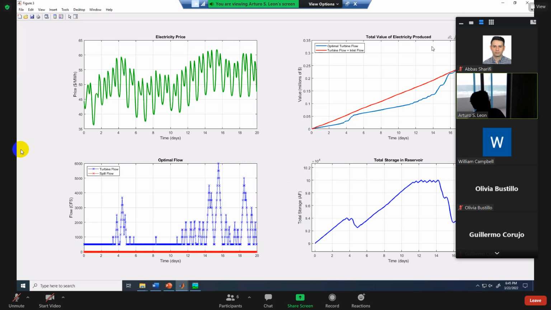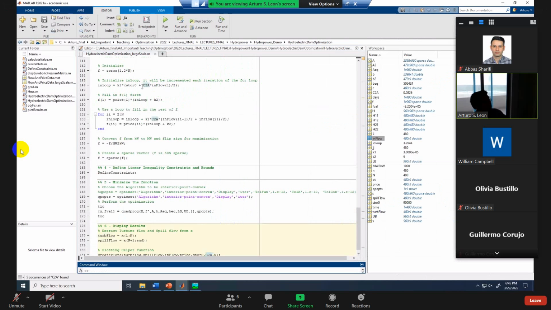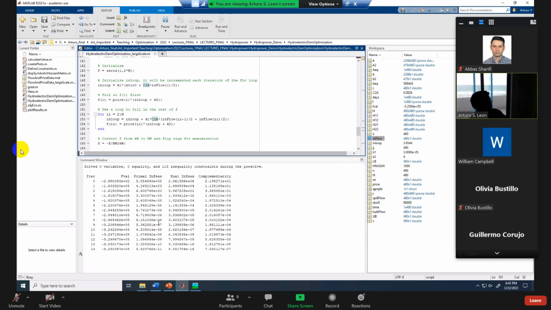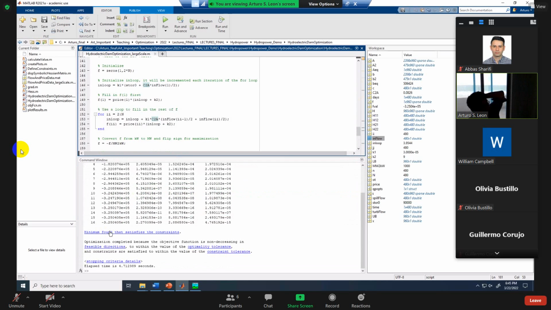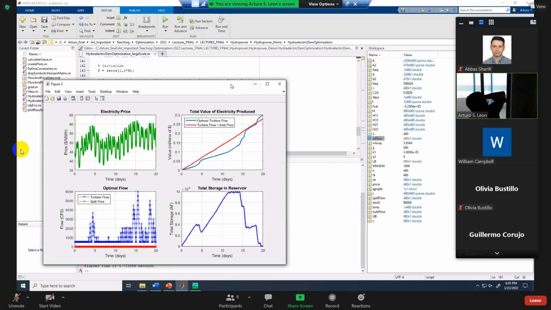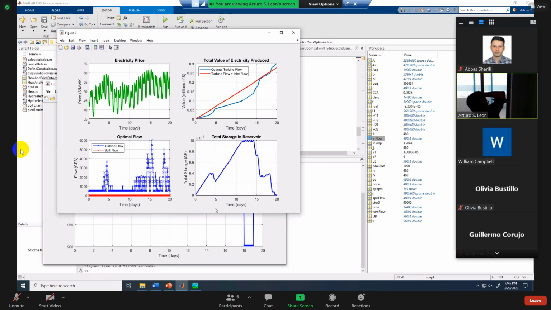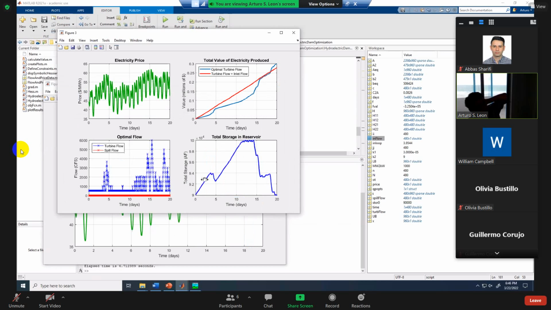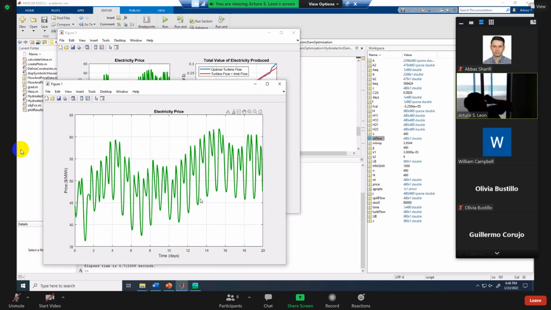Or what you can do as well is run it again, and you can see now it's running the iteration. It's very, very fast. It ran only in 4.7 seconds, right? So these are the inflows again, the inflow discharge. This is the price, the electricity price for the 20 days, every hour.